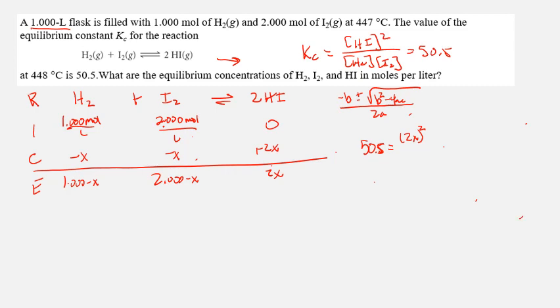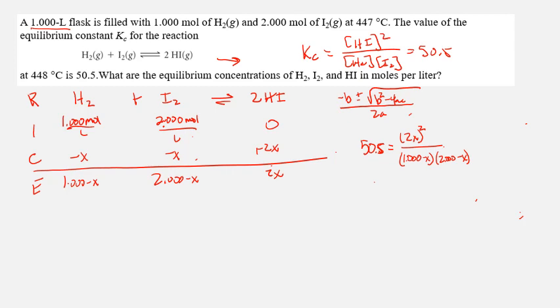And then for the bottom, we have for H2, 1.000 minus x, and for I2, 2.000 minus x. Now at this point, we can FOIL out our problem, get everything together on the same side.